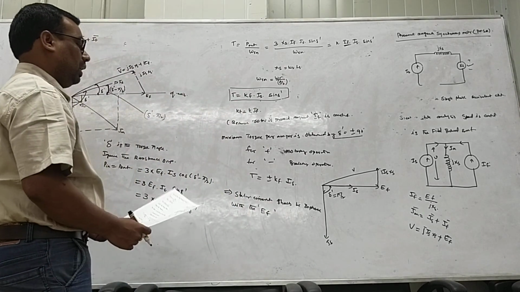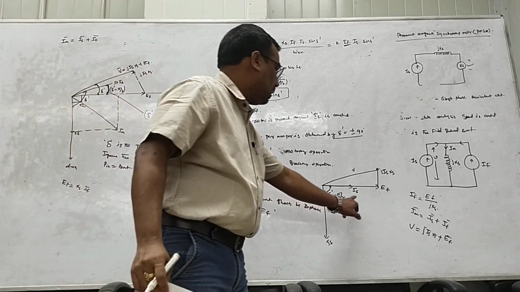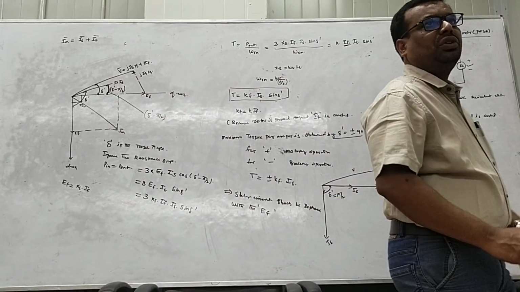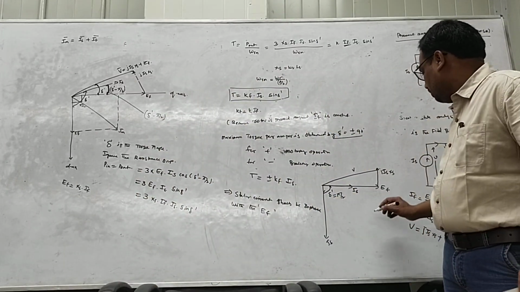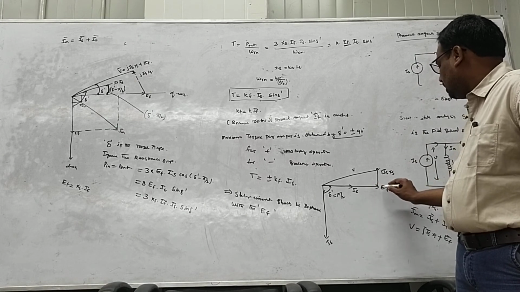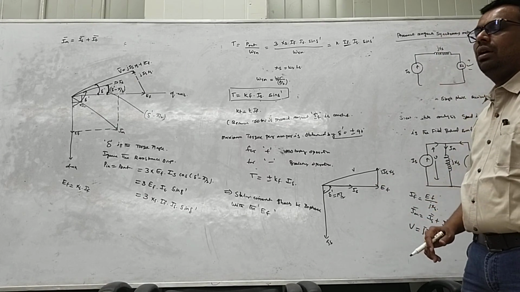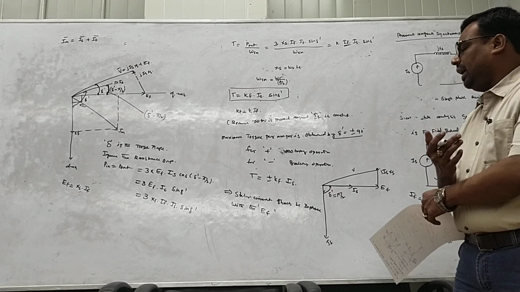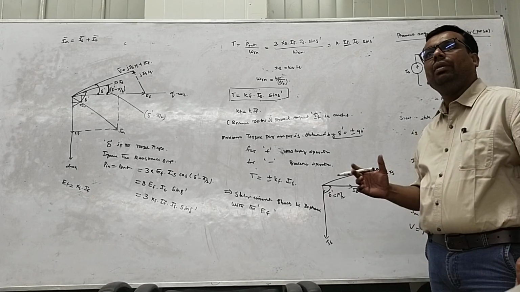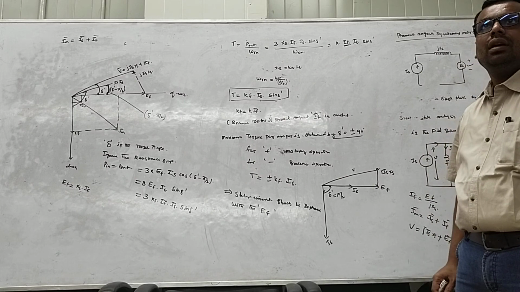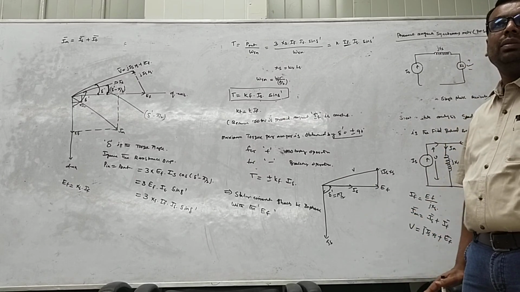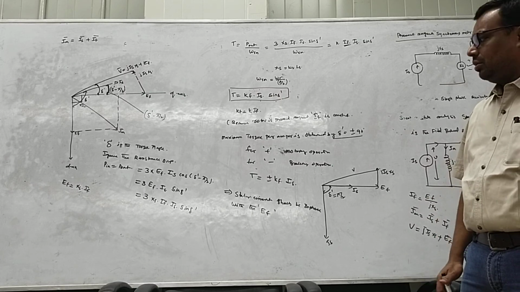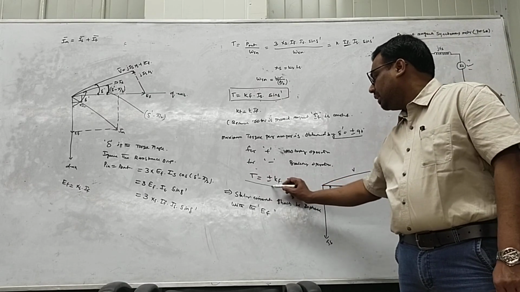If the stator current Is is in phase with the field induced EMF, then the angle delta prime will be maintained as pi by 2, and whenever delta prime is pi by 2, you will get the maximum torque per ampere.